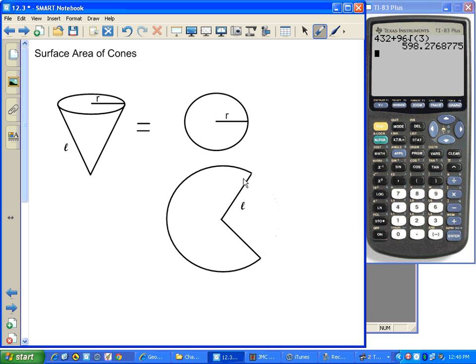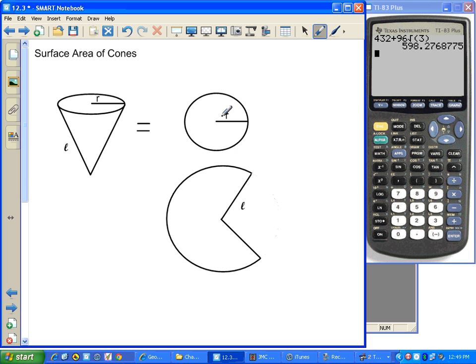Now, in order to find the area of this, I'm going to have to know what the area of the whole thing is, and I have to know how many degrees this is, which I don't know.